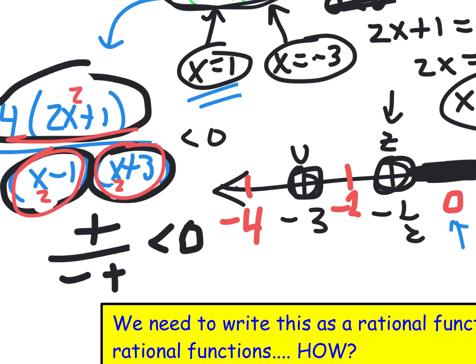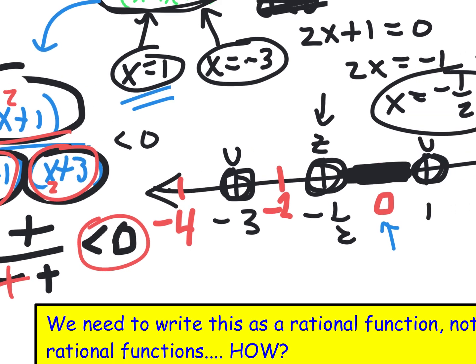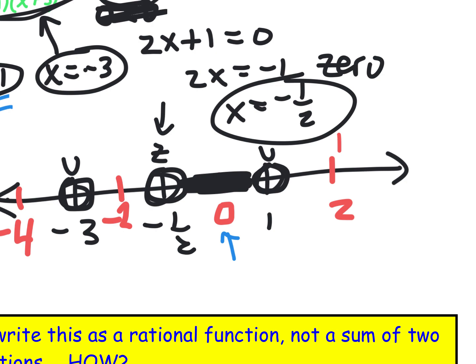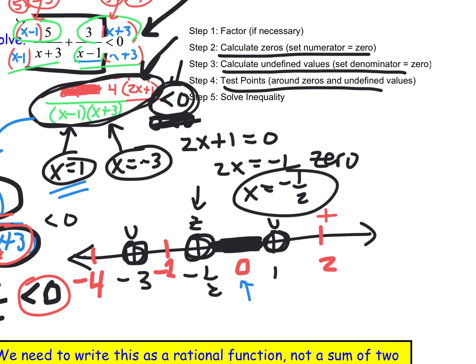They're all positive numbers. Positive over positive, positive. That's all positive. That means it's not less than 0. So since it comes out positive when I put in 2, I don't want that because I was looking for things that were less than 0. So it does not work here.